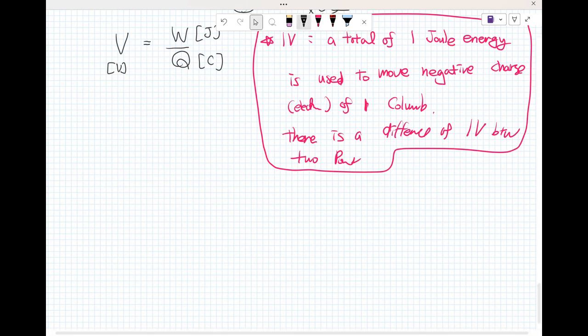So how about the current? The current is really simple.